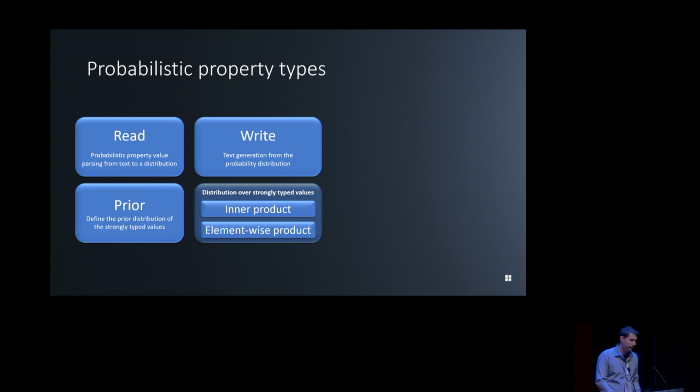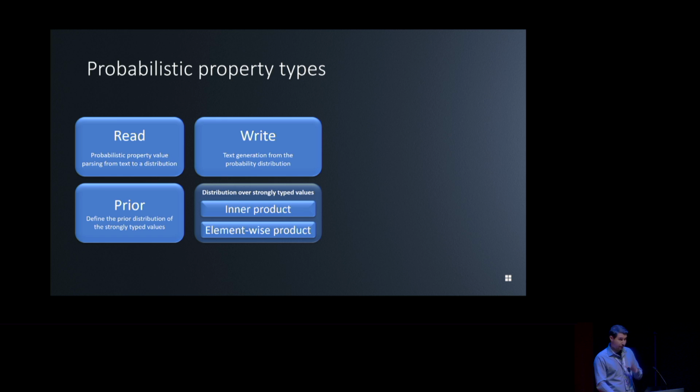Right, so if someone wrote this product will launch in November 2022, then if you read this date, you would have a date which has a point mass in November and point mass in 2022, but probably has a uniform distribution over the days of the month. That would be an example of an uncertain property value that you would read.